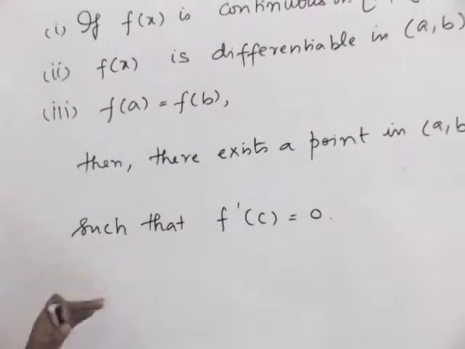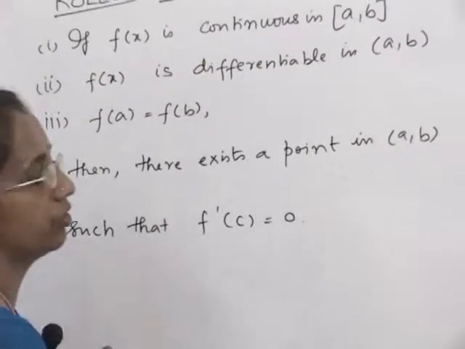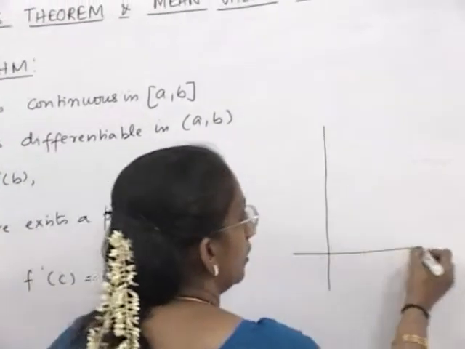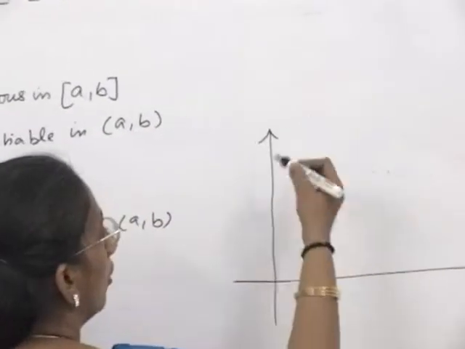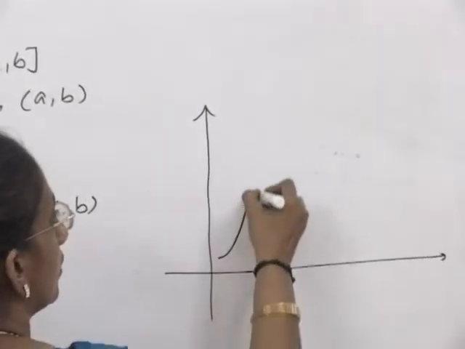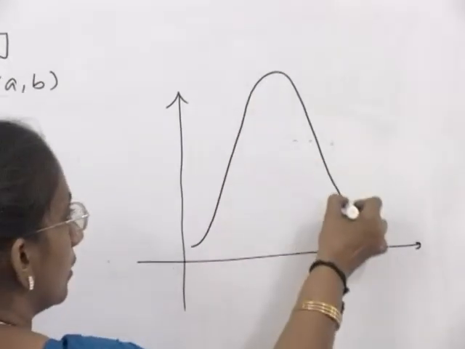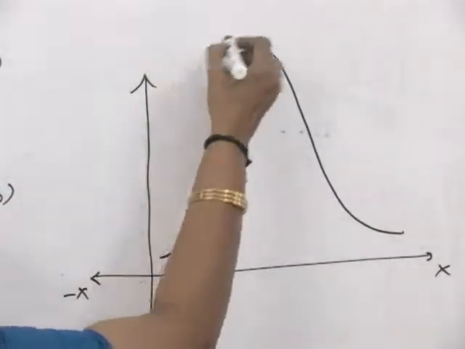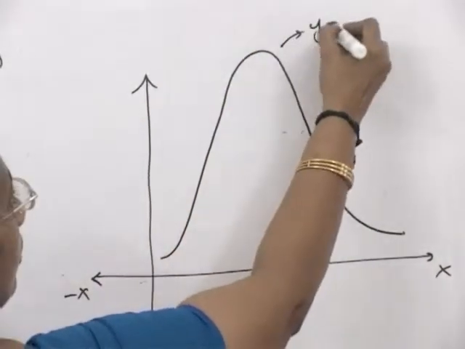Now let us discuss the geometrical interpretation of Rolle's theorem. Now consider this graph of the function f of x. Suppose we have the function f of x like this. This is the x-axis, this is y equal to f of x.